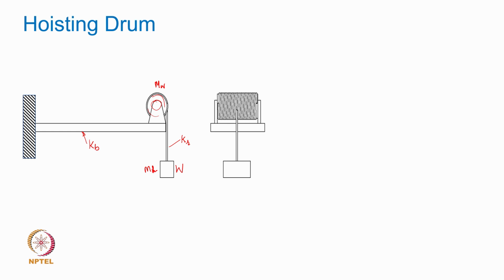What we discussed in our earlier analysis is that this winch mass was negligible compared to the weight being lifted, and with that assumption, the spring representing the beam and the spring representing the rope are essentially connected to only one mass here. Although they look orthogonal, you can easily club them as a single equivalent spring, these springs being in series, and finally model the entire system as a simple single degree of freedom system.